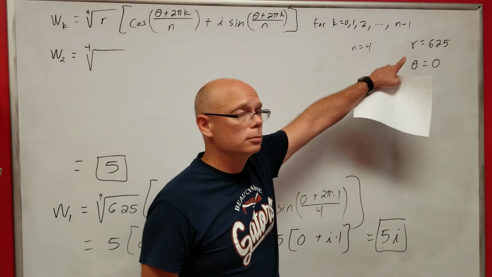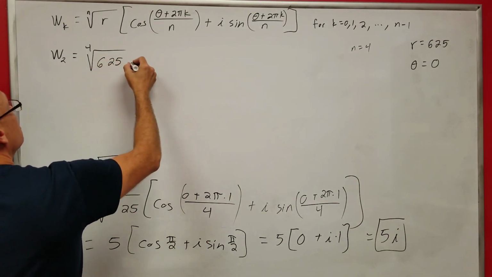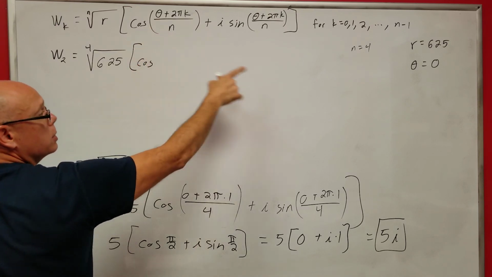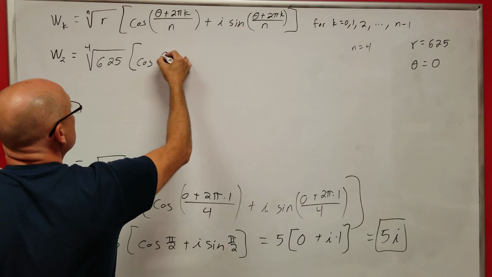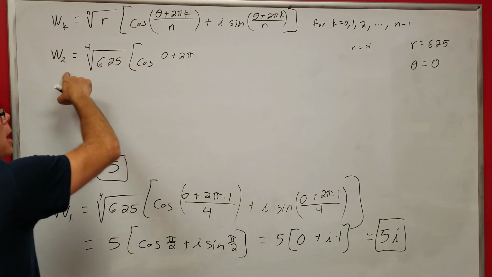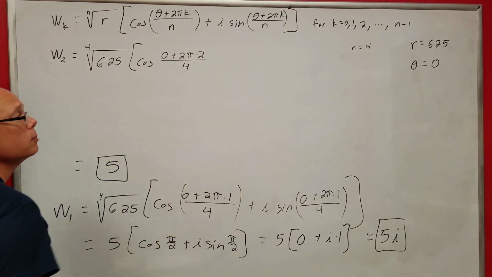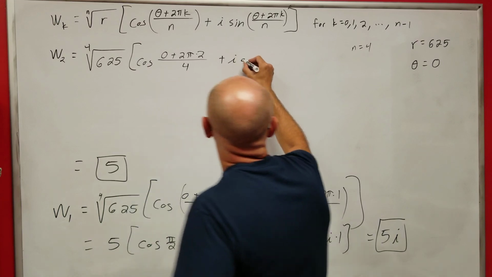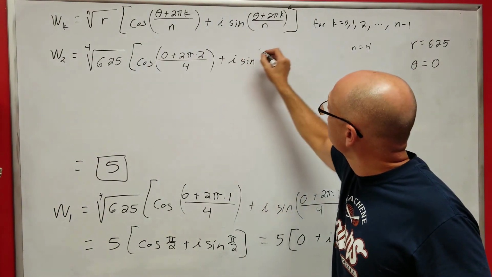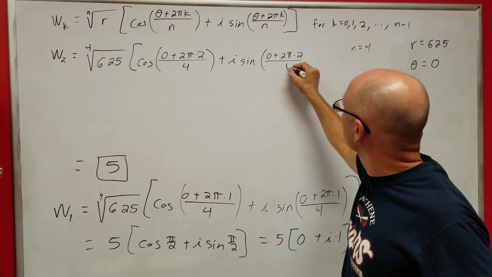What is r again? 625 times the cosine of theta, which we said was what over there? 0 plus 2 pi times k. What's my k value this time? 2 over n, we said was 4, plus i times the sine of the same argument right here. 0 plus 2 pi times 2 over 4.